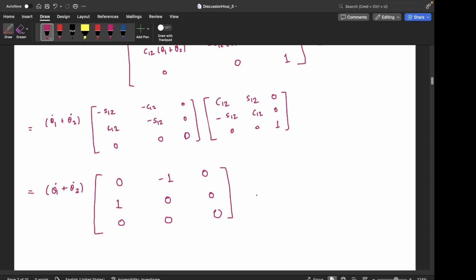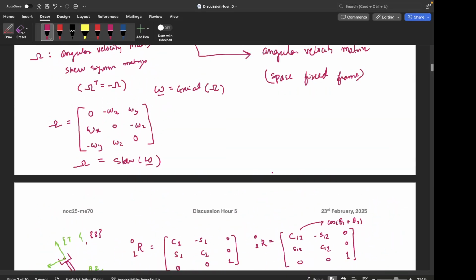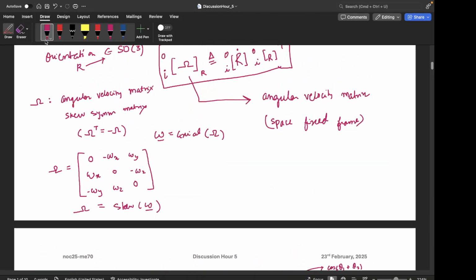Okay, so what we have here now, here I made a small mistake for the indices. So this is omega z and this is omega x.